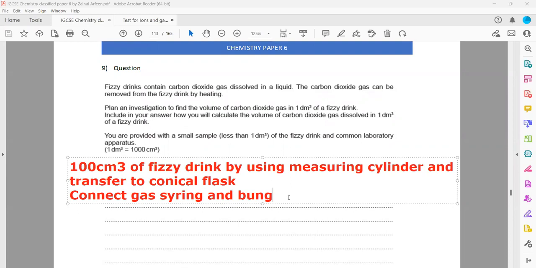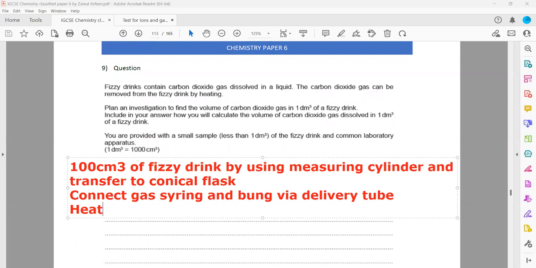Then we'll heat the fizzy drink until no more bubbles are there.